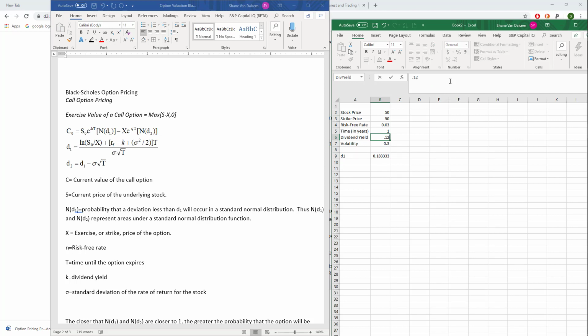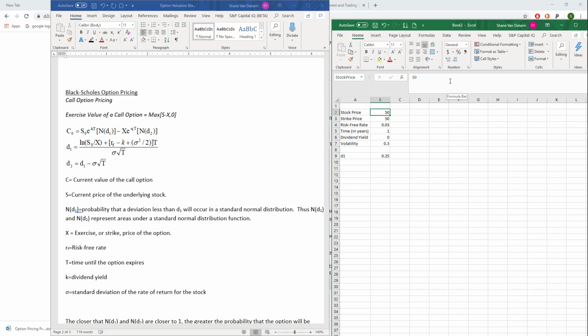Now if our dividend yield got too high, it would become negative. So I'll put in here 0.12 and see if we get a negative one there. But most stocks don't have a dividend yield of 12%. Okay. And if our dividend yield is 0, you see it goes up. Now if the call option is too much out of the money, that D1 is going to become negative, and that doesn't mean anything, doesn't mean it's wrong.